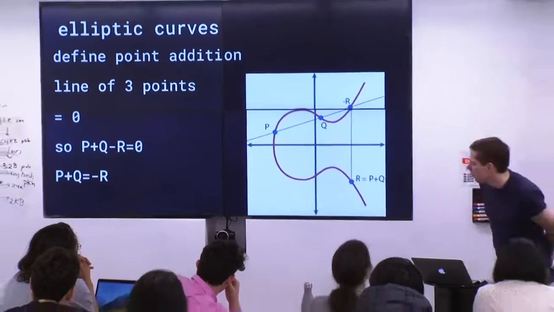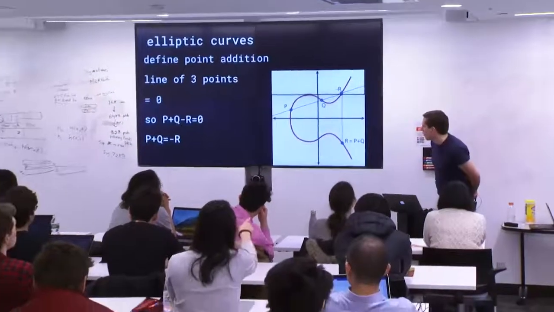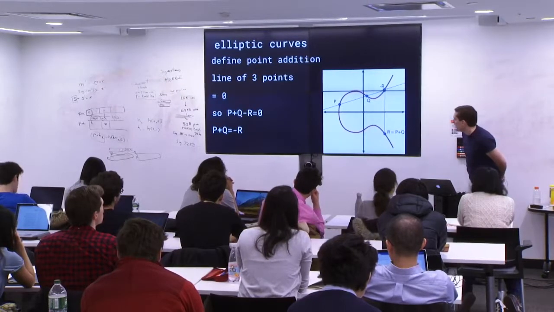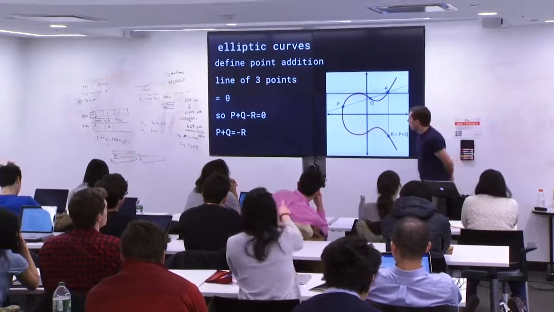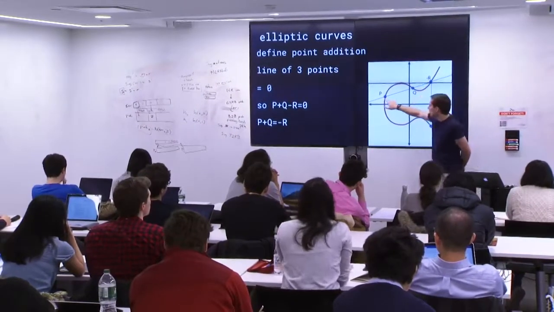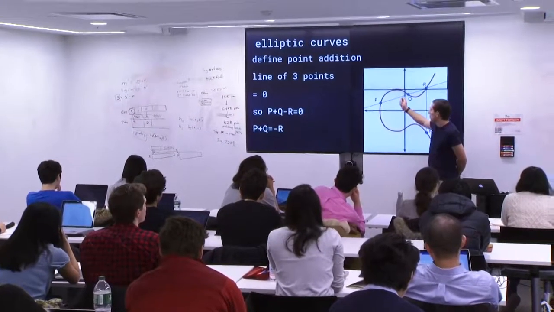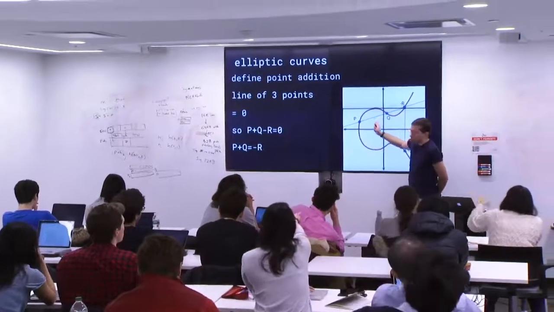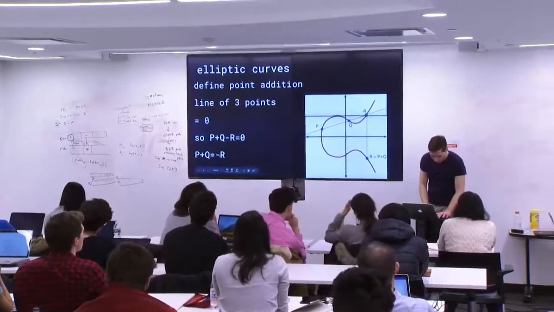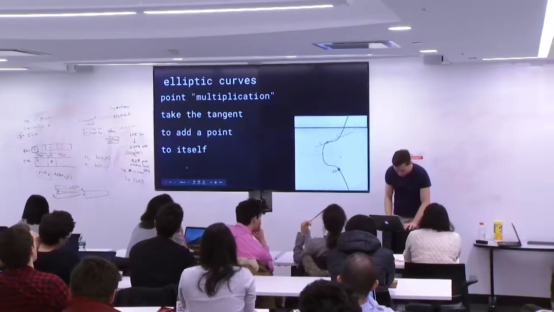Yeah? P plus Q equal to negative R, should it be positive R? No. But then, in this case, R is up here, right? Because you have 2 systems. Oh, shoot, sorry. P plus Q equals R, right. Okay, never mind.